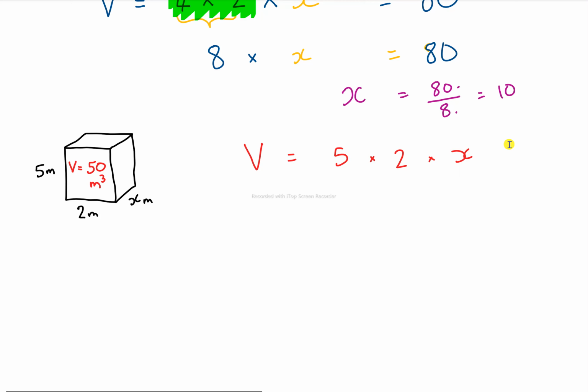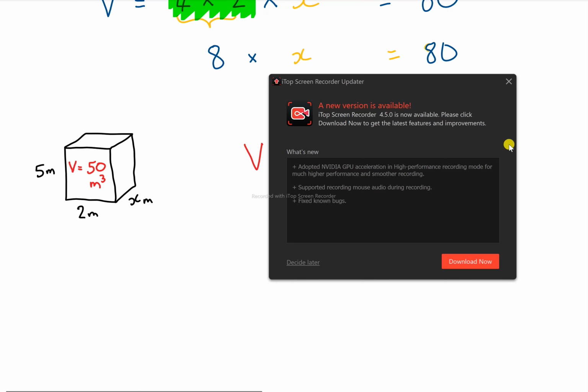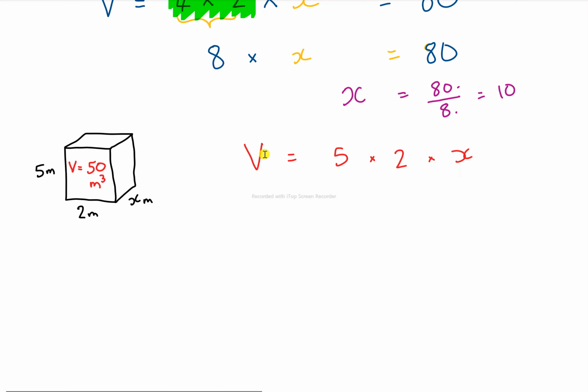We don't know this number. We're trying to find that out. But I do know V. And what is V? They've told us V is 50. So instead of putting V, I'm going to put 50 equals, and then what is 5 times 2? 10. And then I put this down here, times x.